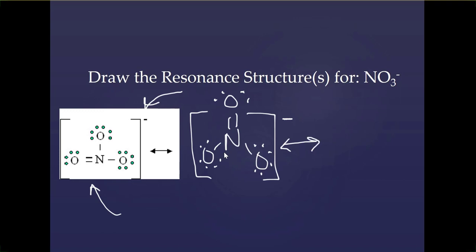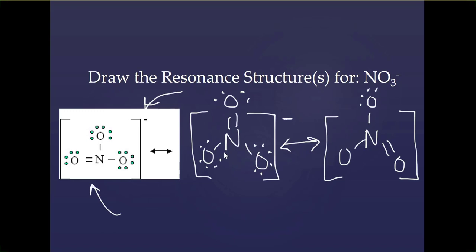I actually can draw one more, because why couldn't I put that double bond on the right-hand side? And the answer is you can. So when you look at the Lewis structure of nitrate and you look at that bond length, you find that it's actually about the size of 1 1/3 bonds.